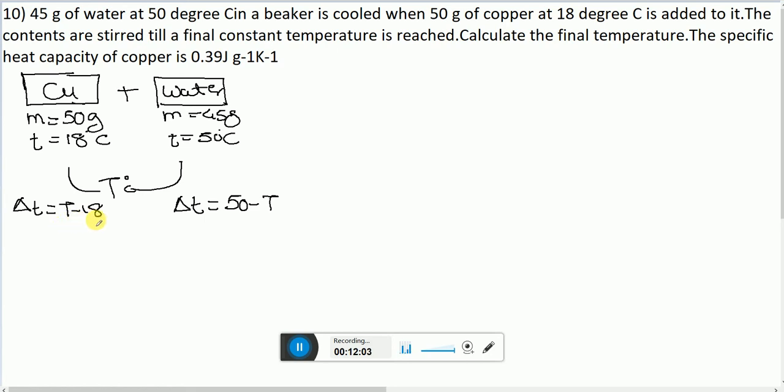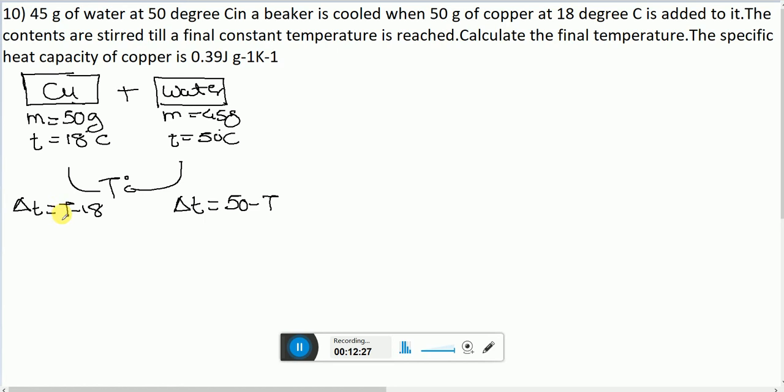Why have we written here T minus 18? Because here copper will be gaining the heat energy. So the final temperature will obviously be higher than 18 degrees, and here water is losing the heat energy. That means the final temperature will obviously be less than 50 degrees centigrade.